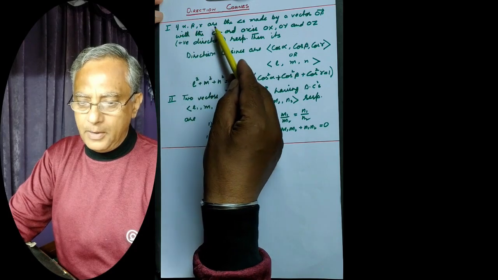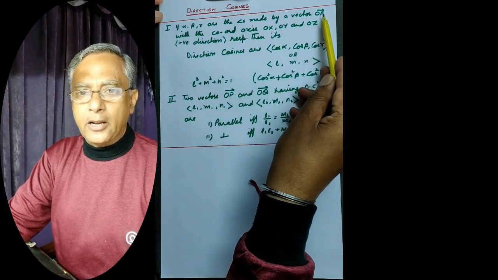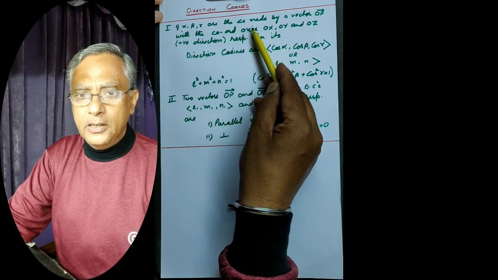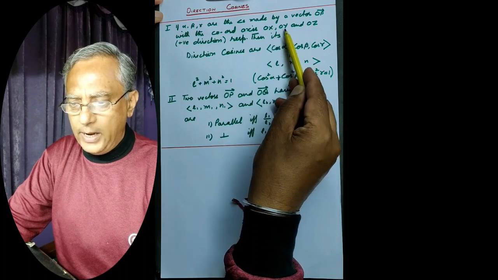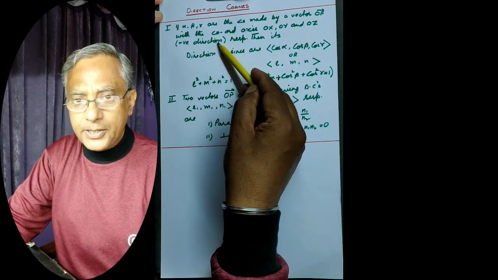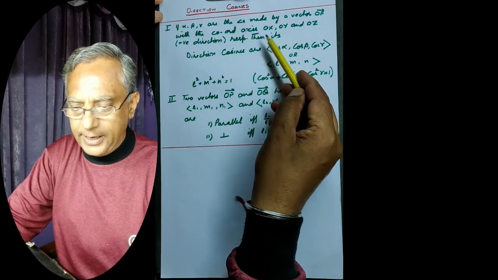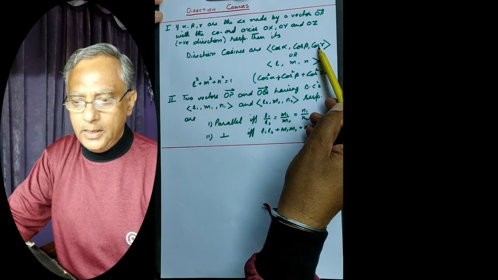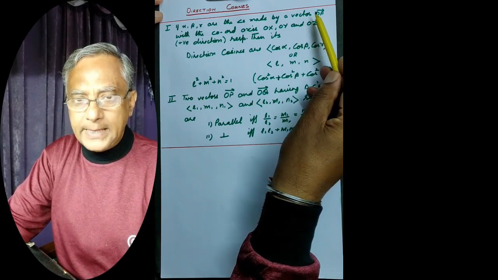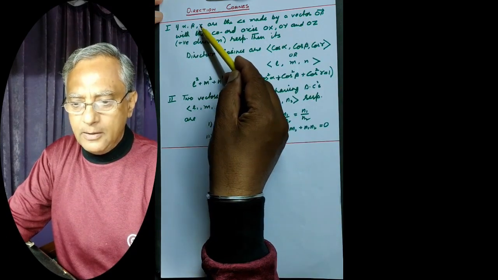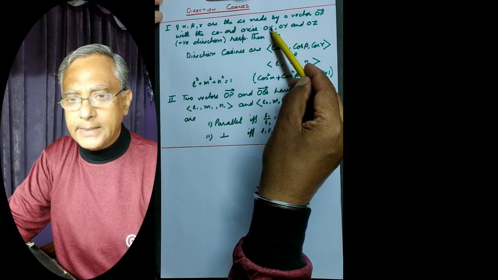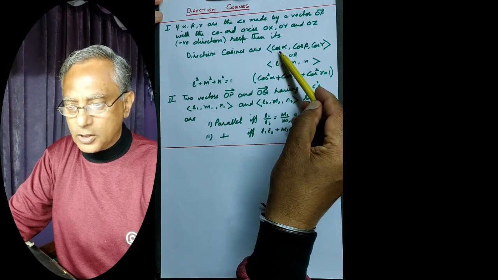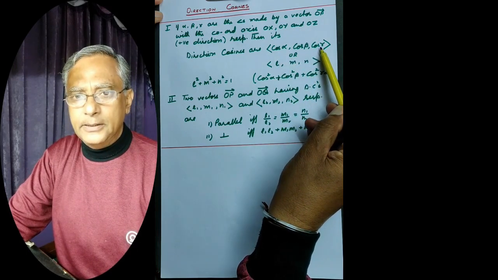If alpha, beta, gamma are the angles made by a vector OP with the positive direction of coordinate axes OX, OY, OZ respectively, then its direction cosines are cos alpha, cos beta, cos gamma.